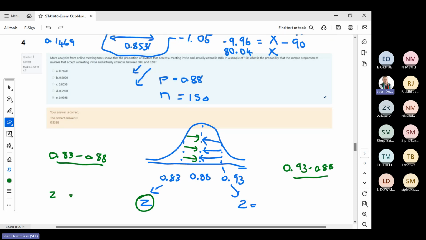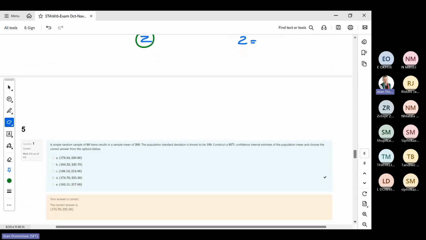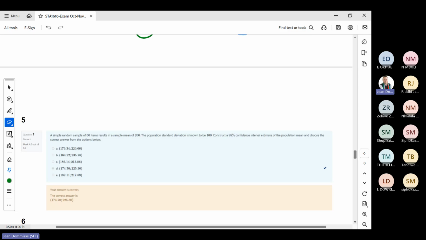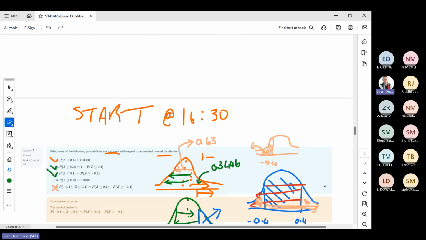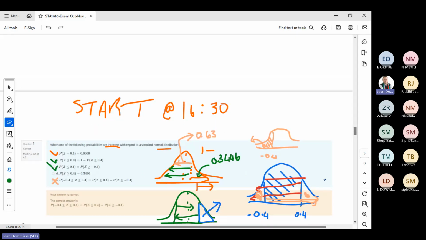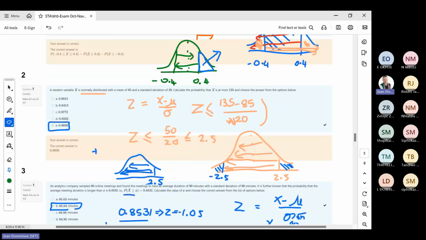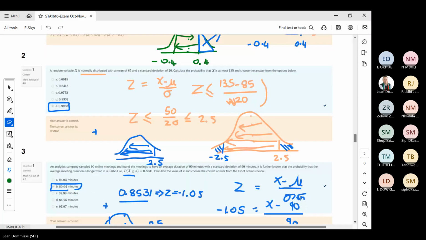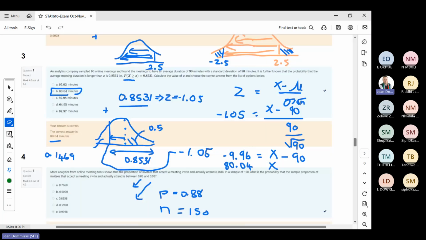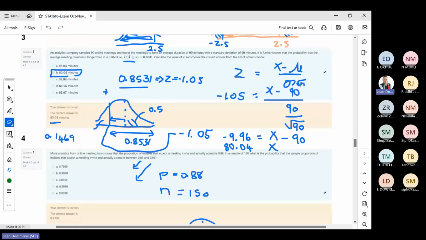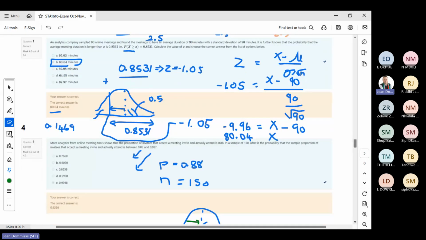Okay, let's go to the next one and see. So that covers study unit 6 and 7. We did normal distribution in study unit 6, then the sample in study unit 7, then proportion in study unit 7.